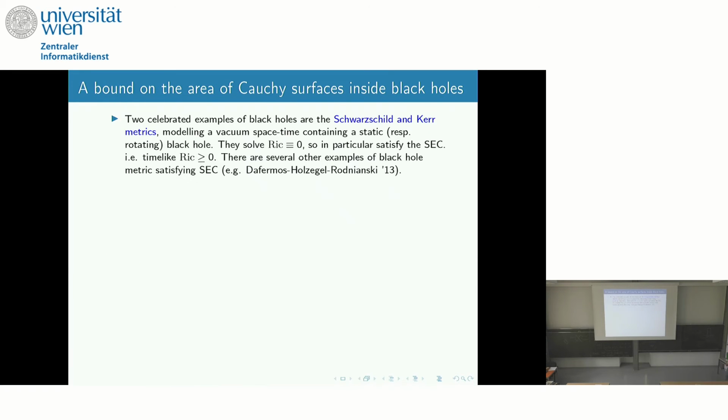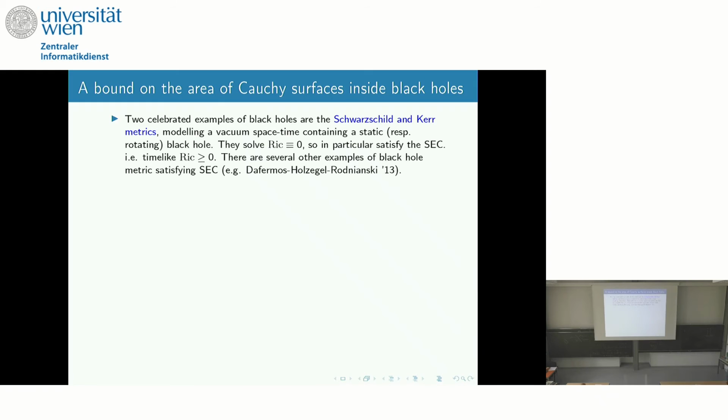Okay. So now I'd like to discuss a couple of applications of this inequality. The first one is a bound on the area of Cauchy surfaces inside black holes. So two celebrated examples of black holes are Schwarzschild and Kerr metrics. They model vacuum spacetimes containing a static black hole in the case of Schwarzschild and a rotating black hole in the case of Kerr.